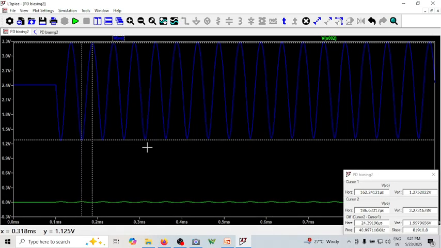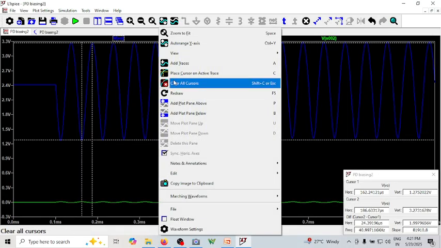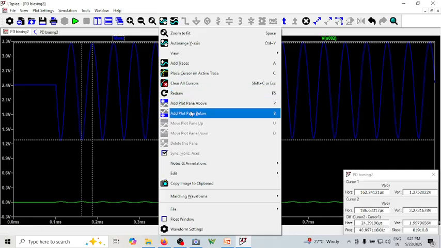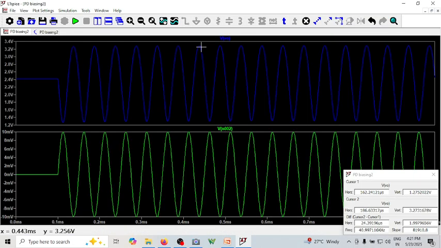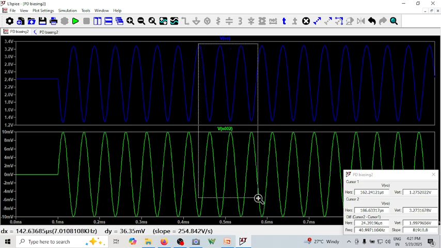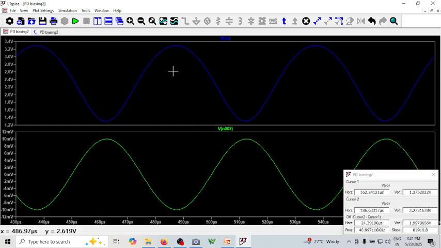One more interesting thing to see here is that if I put it in a different pane, I will add a pane below this and take this signal down. Can you see? If you zoom this out, you can see your input voltage is increasing but the output is reducing. When the input is reducing, the output is increasing. So it is actually out of phase by 180 degrees.